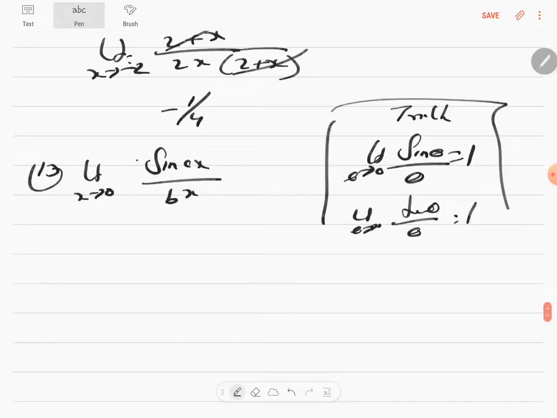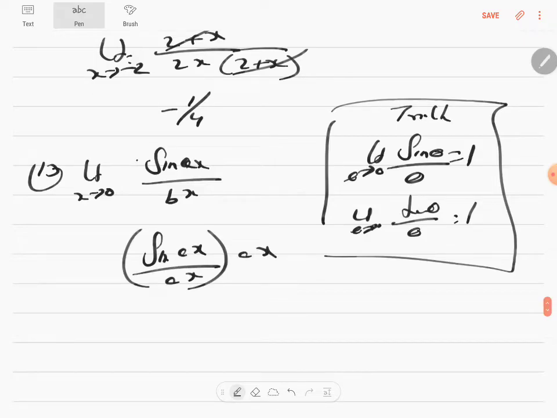These are the two tricks. You should remember this. So can you see sin ax? What is theta? Ax is theta. What is the angle? Ax. Sin theta by theta is there. So you write sin ax by ax into ax. Multiply and divide by ax. So this becomes 1 by bx. So x and x get cancelled. Answer is a by b.